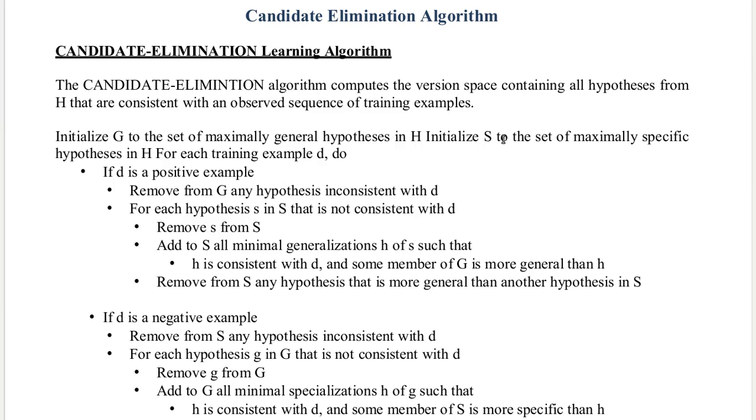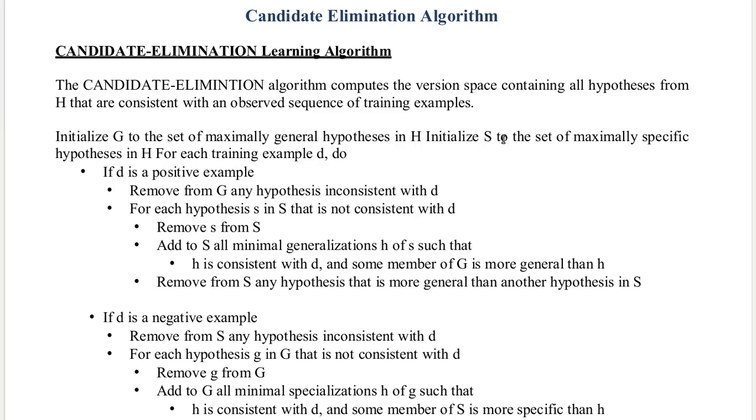The first thing is to remove from the general boundary any hypotheses that are inconsistent with D. The second step is, for each hypothesis s in the specific boundary that is not consistent with D, remove it from S and add to S all minimal generalizations h of s such that h is consistent with D and some member of G is more general than h. Then after adding all this, remove from S any hypothesis that is more general than another hypothesis in the specific boundary.